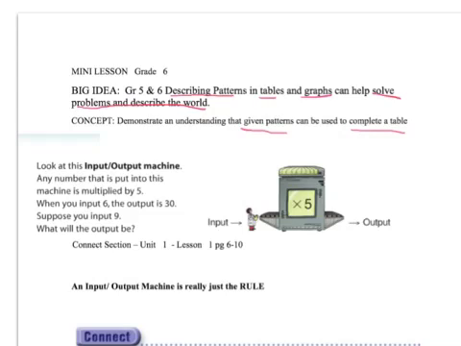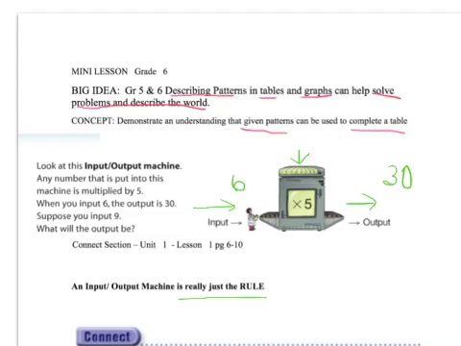All right, so let's take a look at this input-output machine. Assuming you put something into the machine, it does something to it, and it comes out as a new number. Really, it's just applying the rule. So if we look at this input-output machine, if we were to put any number into it, for example, let's try 6, the input would be 6 times 5, which is the rule, and the output then would be 30.